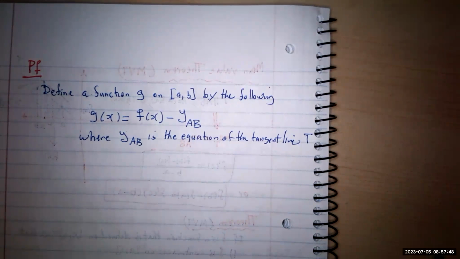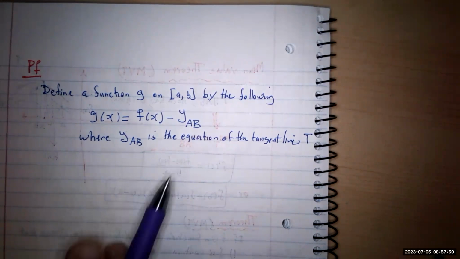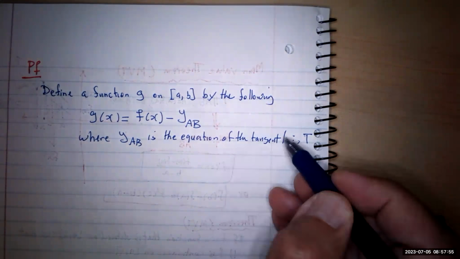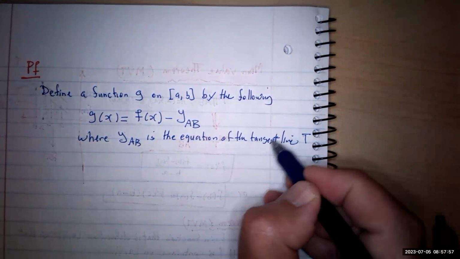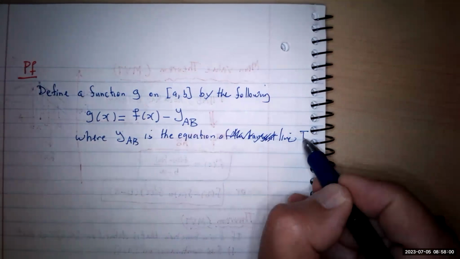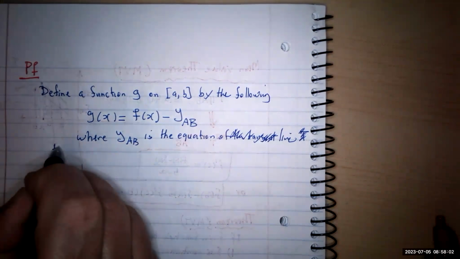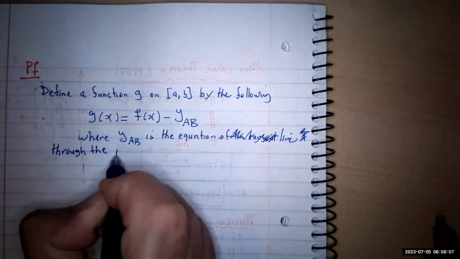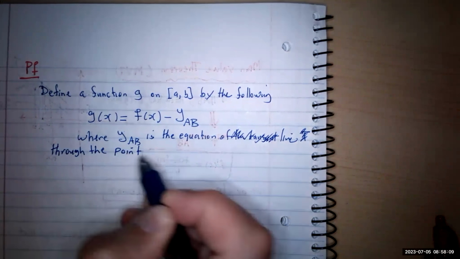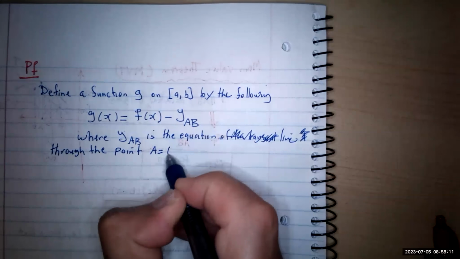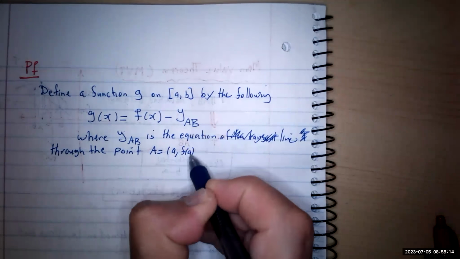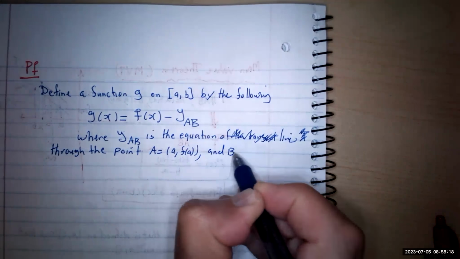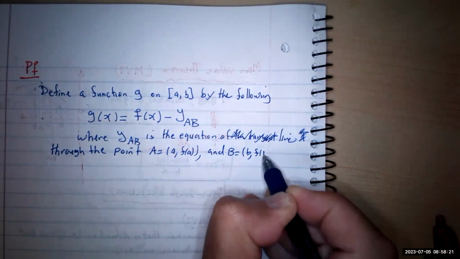Okay, sorry, y of AB is going to be not the tangent line, but the equation of the line through the points A with the coordinate A and f of A, and B with the coordinate B and f of B.